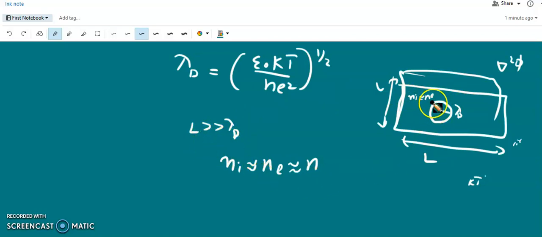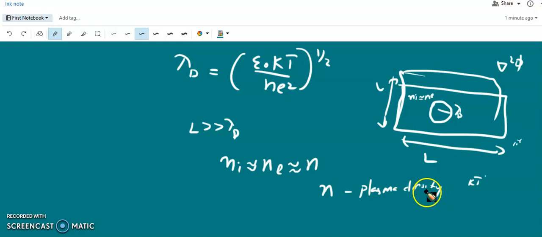Only such a system can be called a plasma. Even after applying an electric field, the number densities of ions and electrons should be equal, so that is approximately equal to N. That is the common density, meaning the density before the application of the electric field. So this N is also called the plasma density, that means the number of particles in plasma.